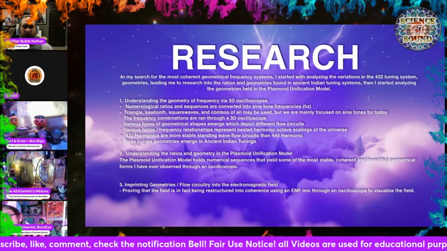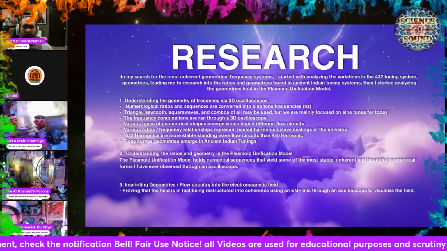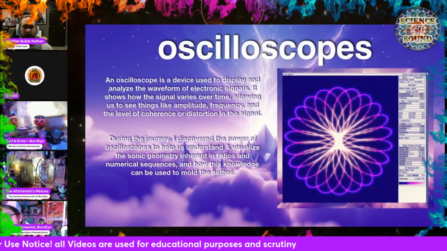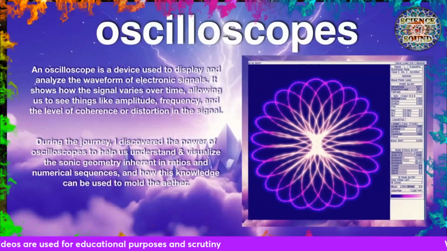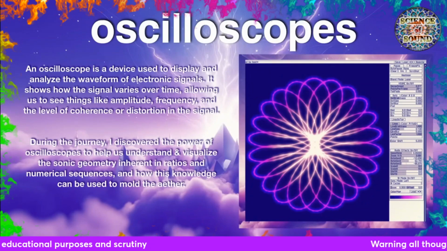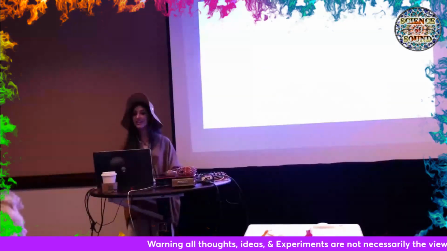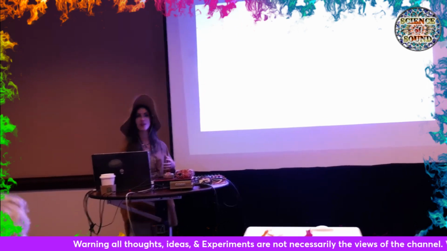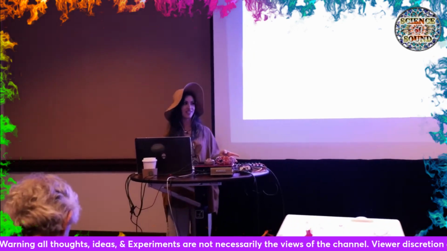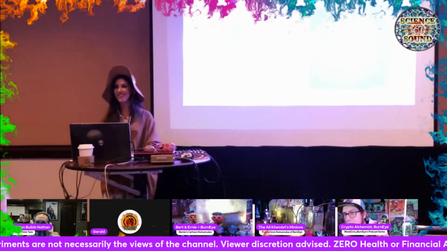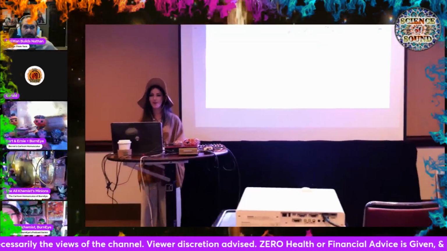And then I'm going to talk about the plasmoid unification model by Malcolm Bendall and how to understand the frequency coherence of that system using frequencies. So we're going to take a deep dive with all that, and at the end we'll have a lot of time for anyone to come up and play with the technology. So let's start off talking about oscilloscopes.